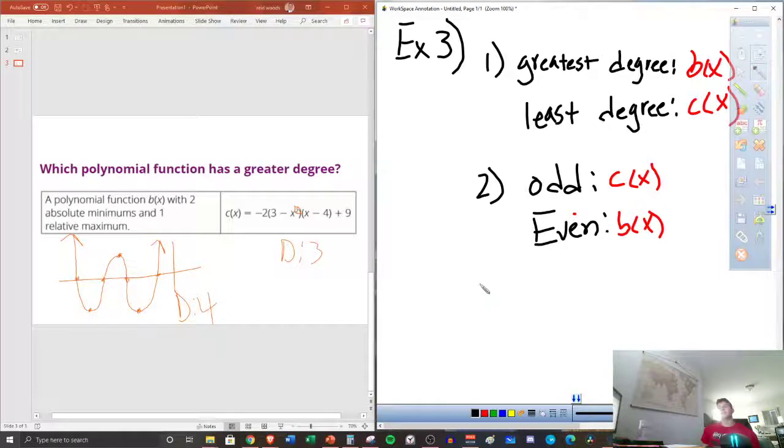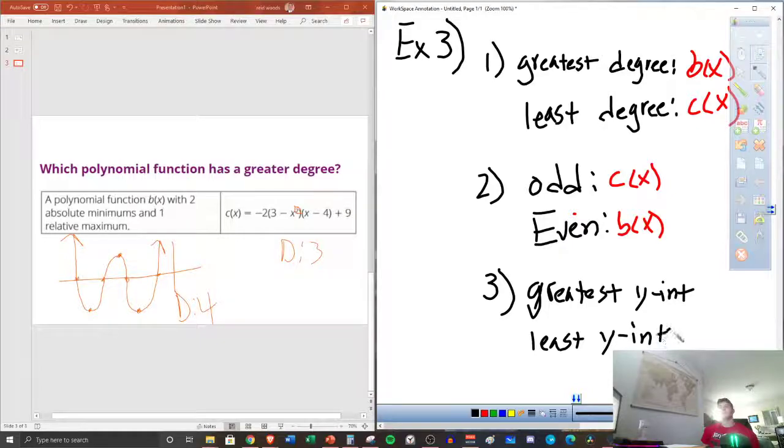And then let's do the y-intercepts. So we'll say greatest y-intercept, least y-intercept. Okay, so I'll let you answer which one has the greatest y-intercept, which one has the least.